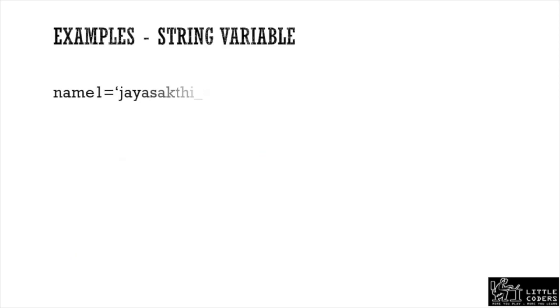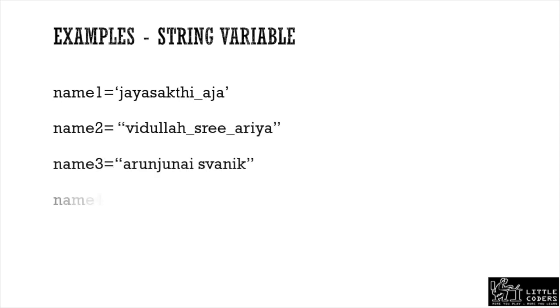Some examples. Name 1, within quotes, I have written Jayasakti Aja. And name 2, within double quotes, is Vidula Sri Arya. Name 3 is Arunjunai Swanik, with a space before Swanik. So here I have given some space.